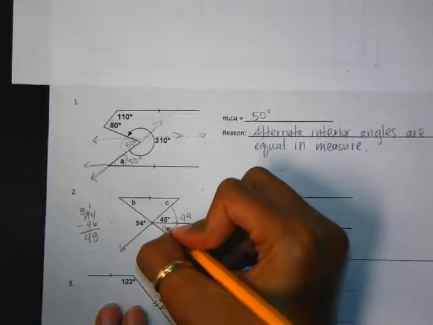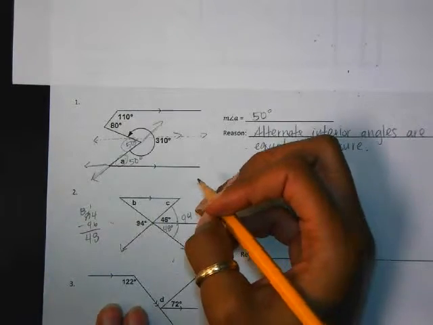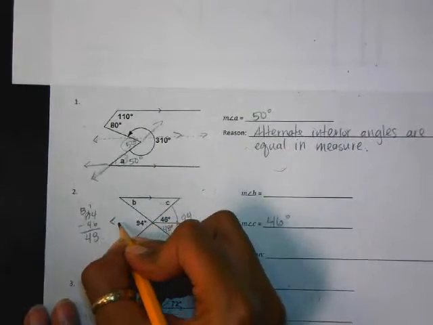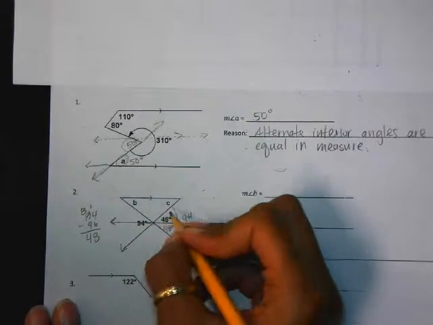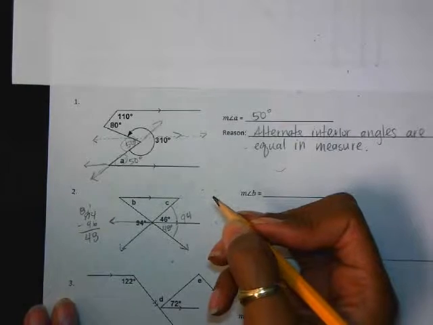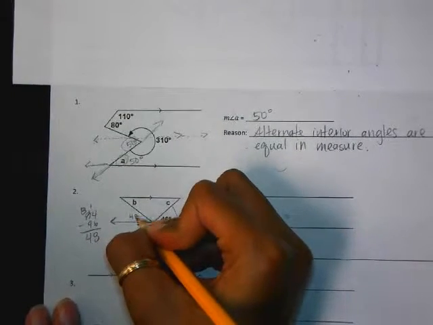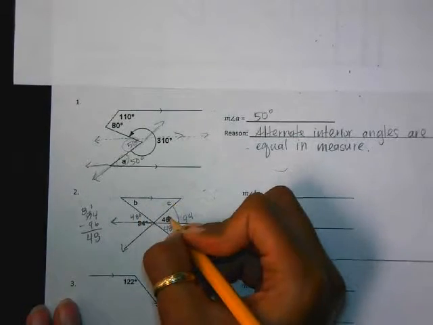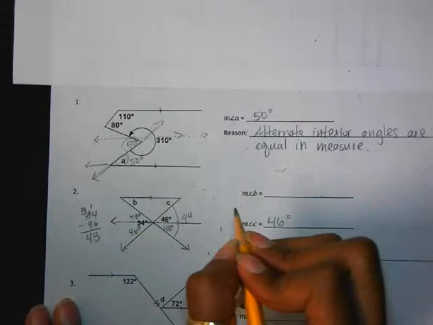Now, I'm going to extend this parallel line again. And remember, vertical angles are congruent. So if this is 48, this too over here must be 48 degrees. And if this is 46, this too over here must be 46 degrees. Now, let's use that information to figure out what the measure of B is.